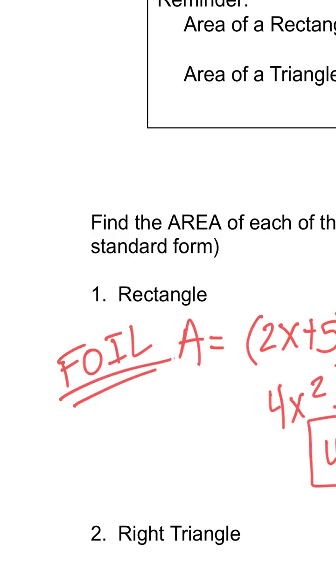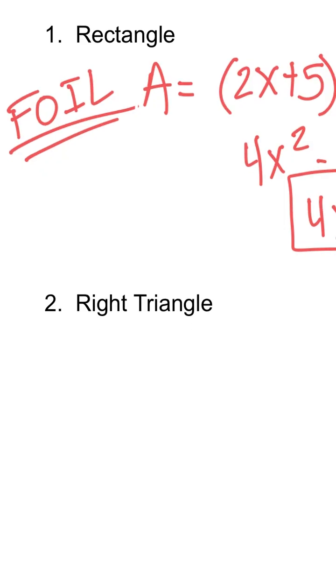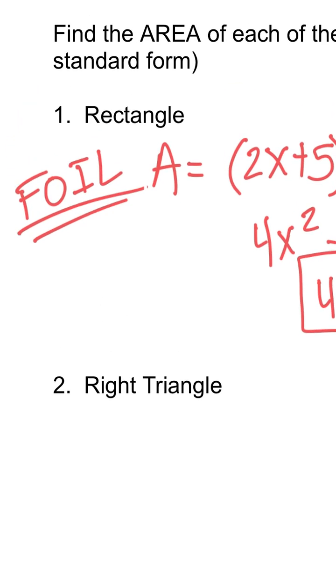Okay, now we can apply what we've been doing to a right triangle. So let's get the area of a triangle. We have this triangle. What's our area of a triangle? It's right above. Half of what? Right, base times height.